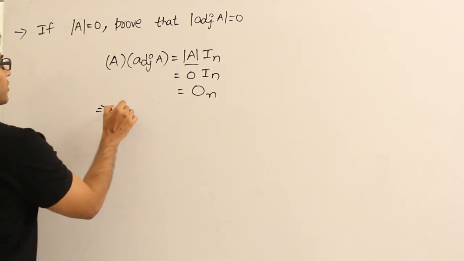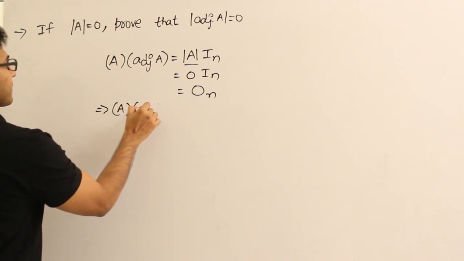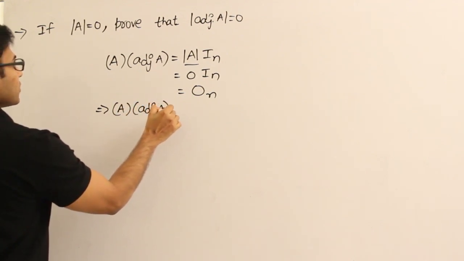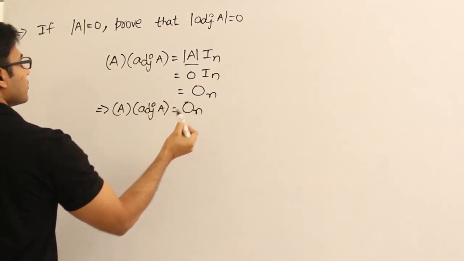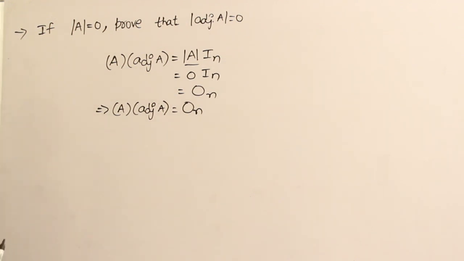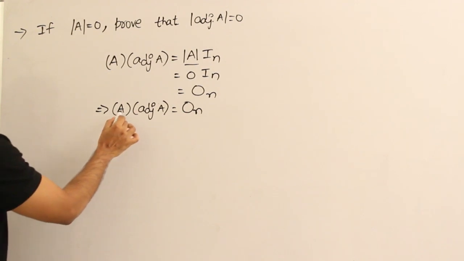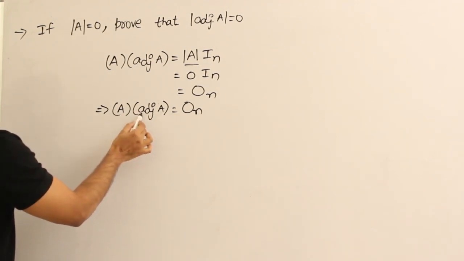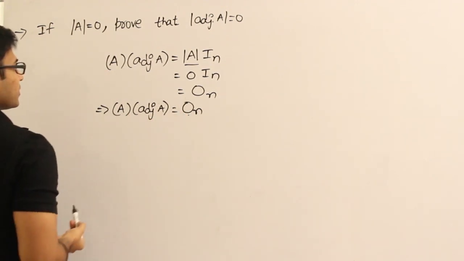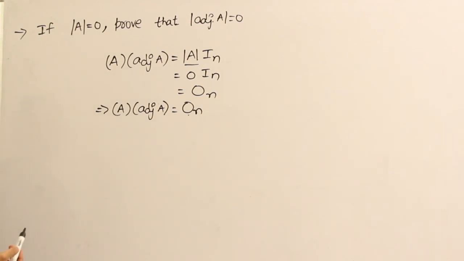So what did we get from that? A into adjoint A equal to this null matrix, right? Now there are various cases. It is given that det A is equal to 0, so let's analyze various cases. The product of two matrices being a null matrix is possible under various conditions, if at least one of them is null.